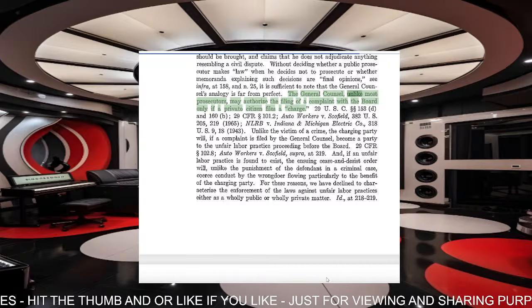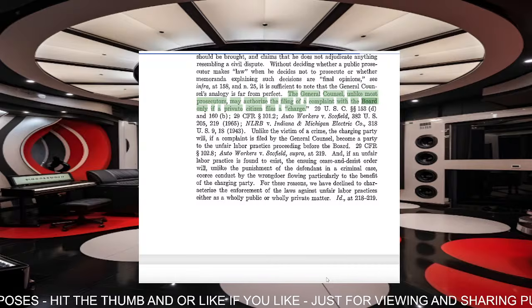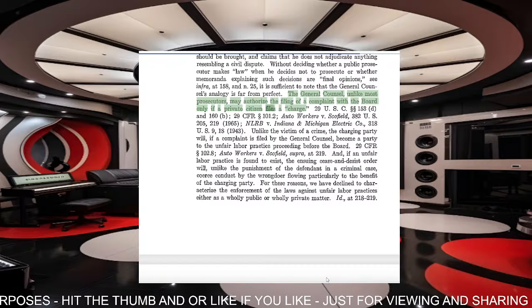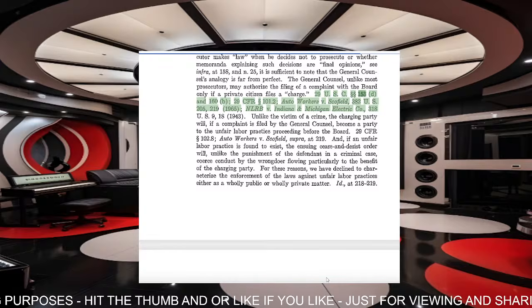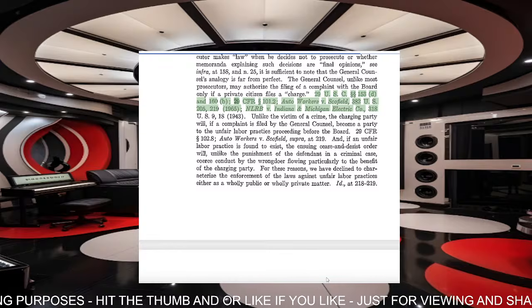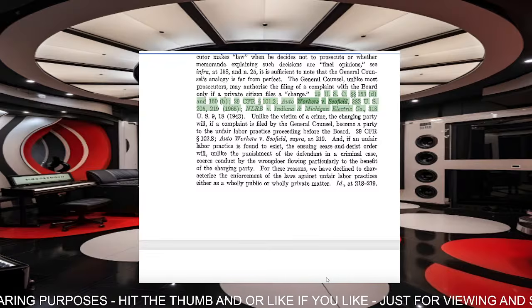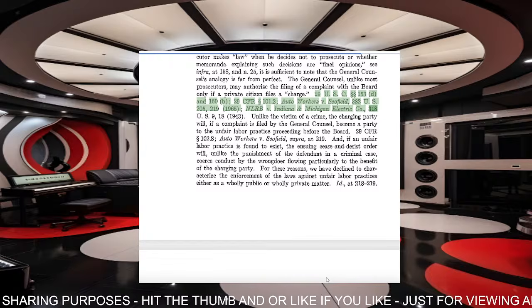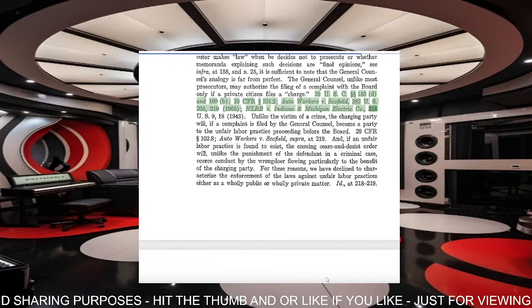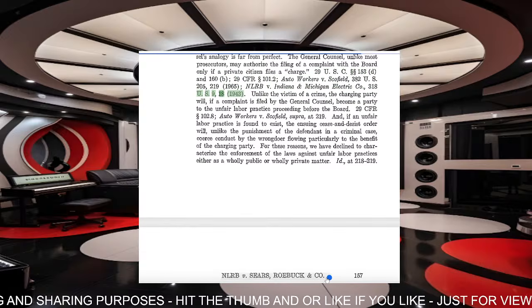The General Counsel, unlike most prosecutors, may authorize the filing of a complaint with the board only if a private citizen files a charge. 29 U.S.C. 153 and 160, 29 CFR 101.2, Auto Workers v. Schofield, 382 U.S. 205, 219, NLRB v. Indiana and Michigan Electric Co., 318 U.S. 918.